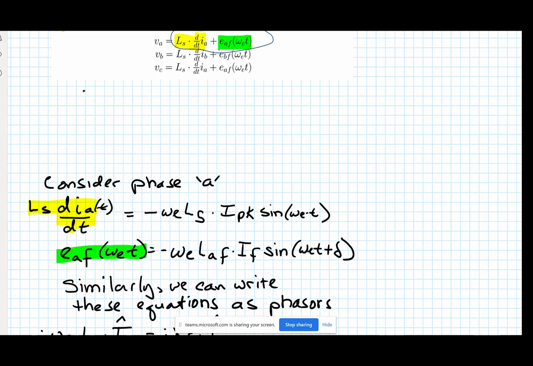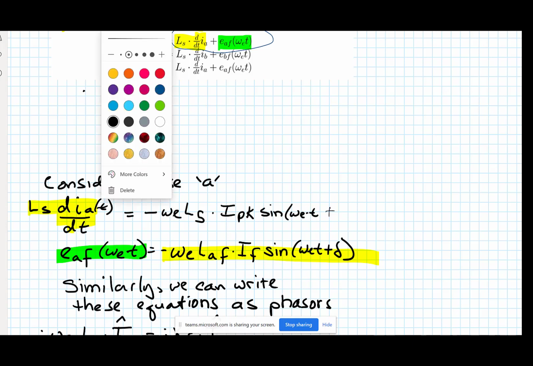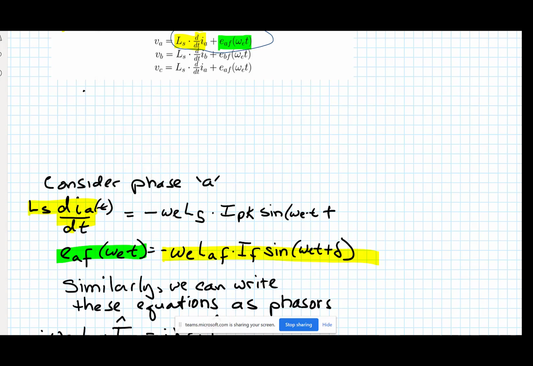What are the time domain periodic scalar functions? And actually, this is not exactly right. Plus some power factor angle.